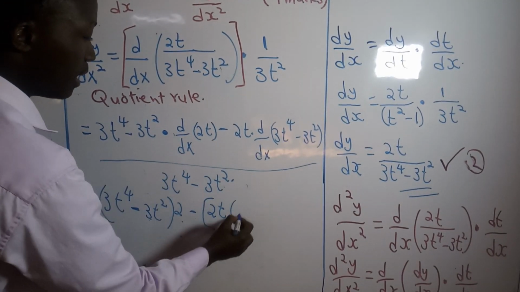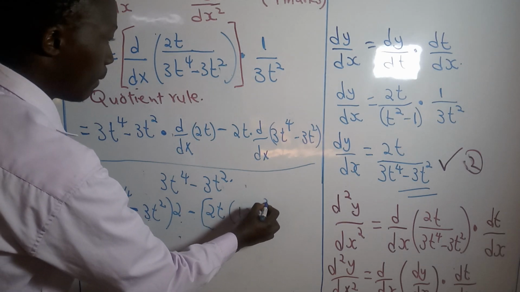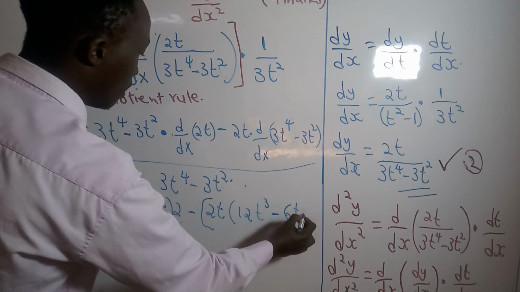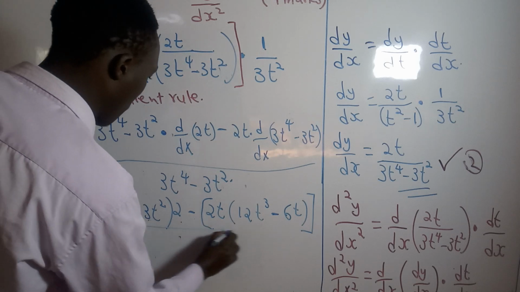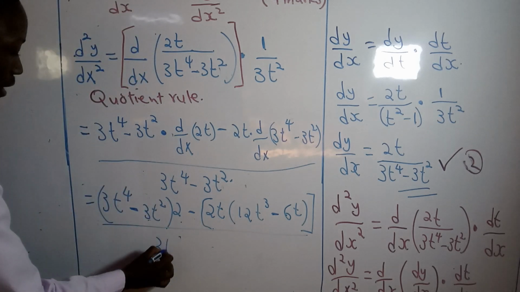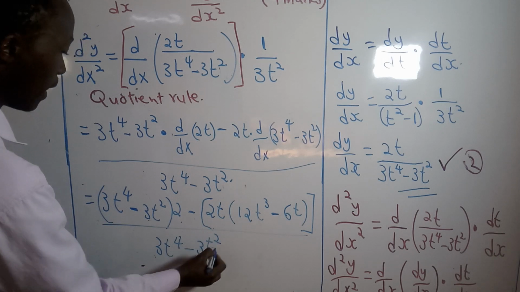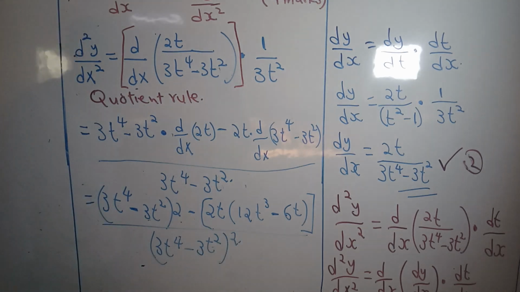So when we do this, we are going to have 3t to the power 4 minus 3t squared multiplied by 2, then minus 2t. When we differentiate this, we are going to get 12t to the power 3 minus 6t, over 3t to the power 4 minus 3t squared, then that is squared.